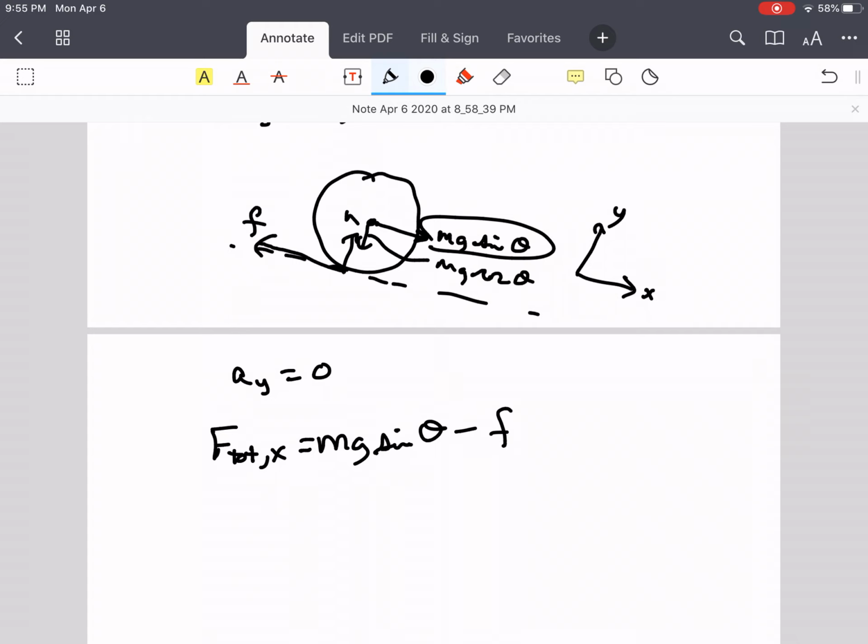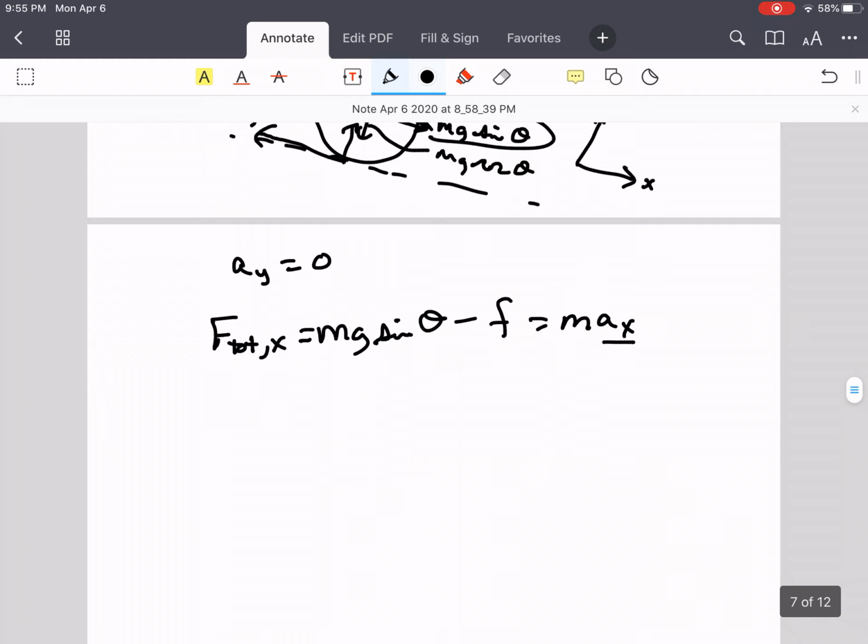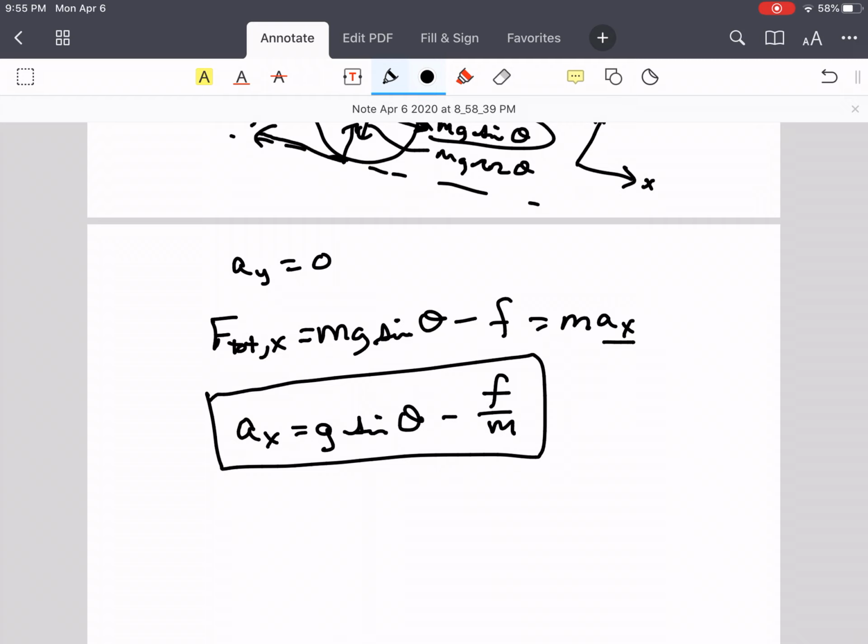And that's just mass times acceleration, ma. So if I want to solve for my linear acceleration, I just divide through by m. I get that ax is equal to g sine theta minus F over m. And since I didn't give you any particular numbers, we're done. That's my acceleration down the hill.